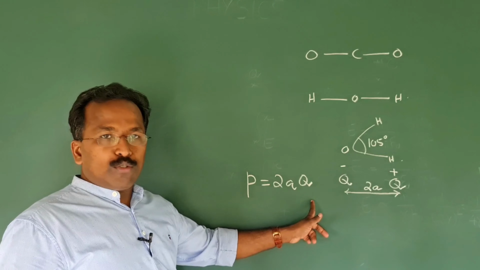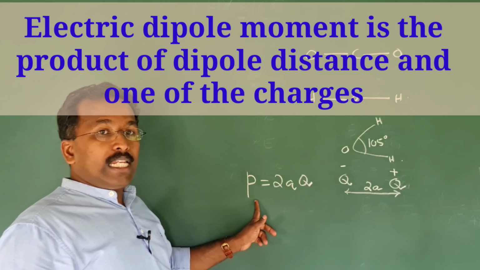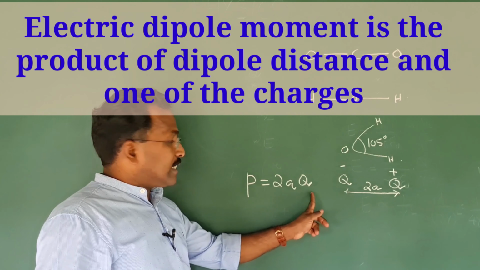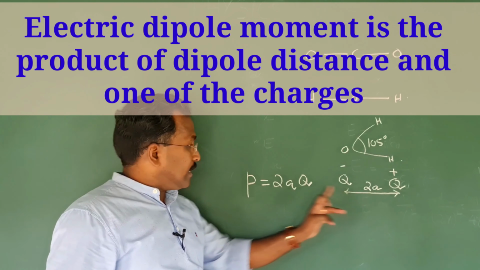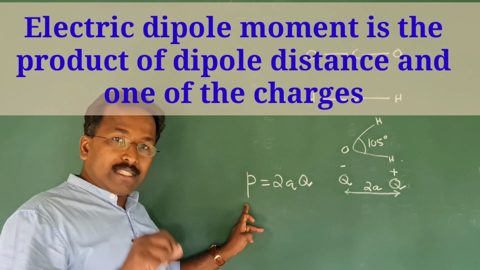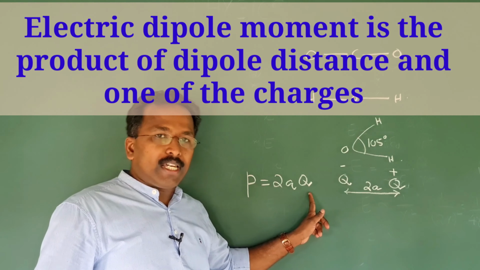So, what is electric dipole moment? The definition, you may write: electric dipole moment is the product of this distance and charge. We call this 2a the dipole distance and q the charge. So, electric dipole moment is the product of dipole distance and one of the charges.